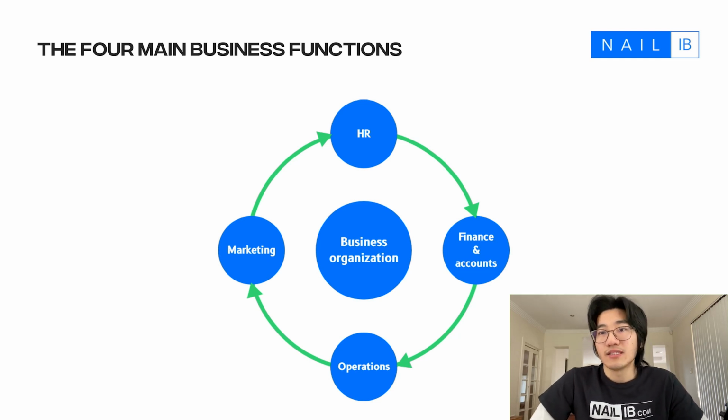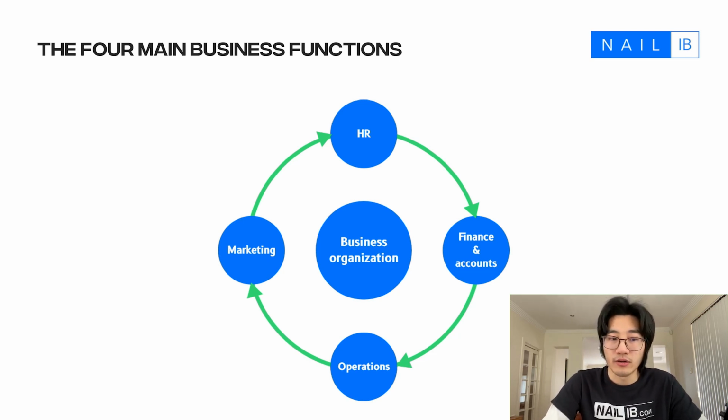Now, the key difference between a small business and a large business is that a small business will typically have 1 or 2 people or a small group of people working on all 4 of these functions at once. Whereas in a large business, typically you will have heads of department that will manage each of these functions. For example, you'll have a human resource department, and they will have human resource employees that work on human resource specifically.